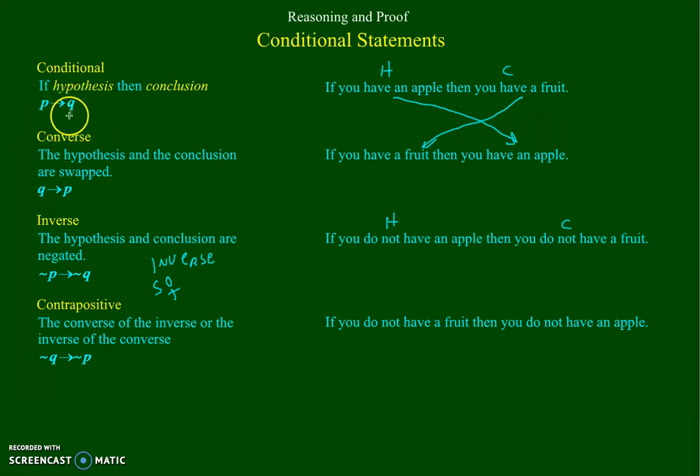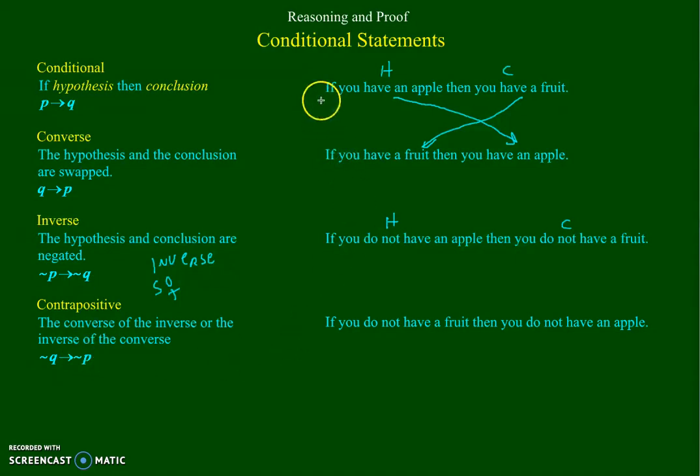We took the Q and we swapped it. The Q went to where the P is, and the P went to where the Q goes. And we also negated them. So swapping the P and Q was the converse. Negating them is the inverse. So that's why we say it's the converse of the inverse or the inverse of the converse.